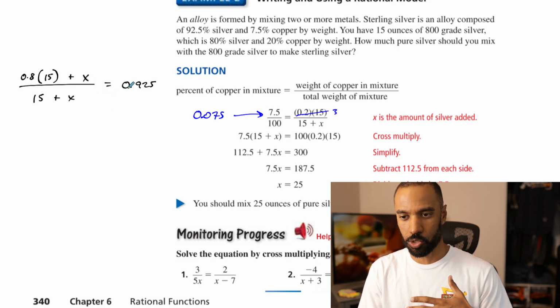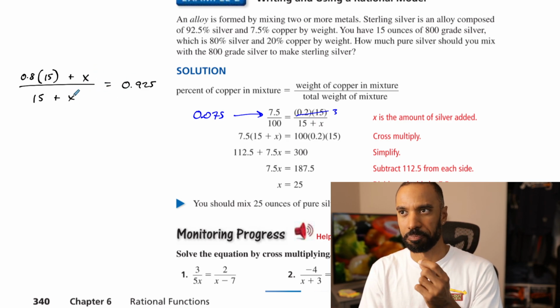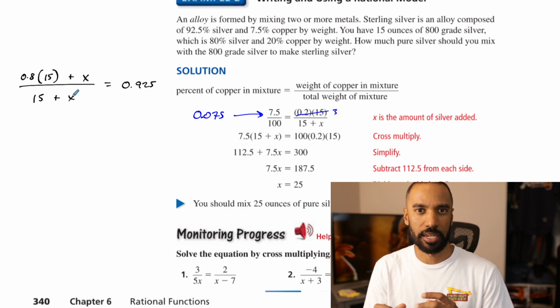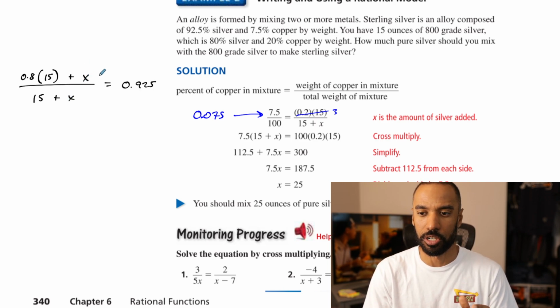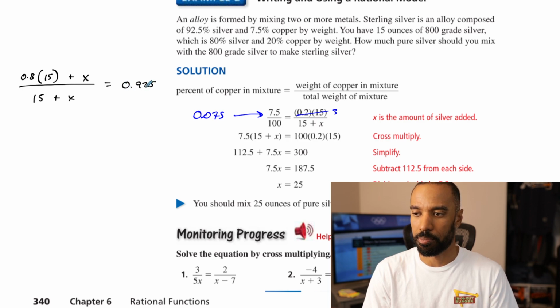If I solve for x this way, I should get the same thing. I do a lot of this stuff when I'm showing students how much you need on your final exam or something like that to get a certain grade. This is the kind of thing that I do, so it's something I'm very familiar with. They're doing the same thing here.